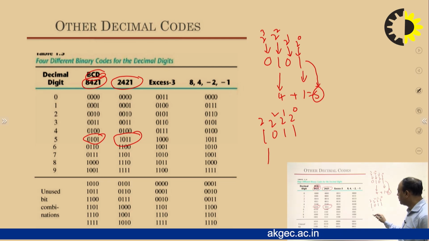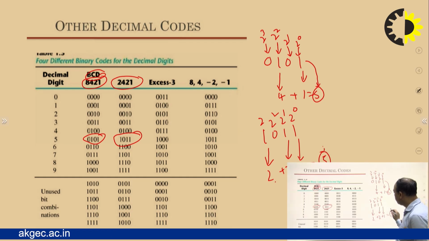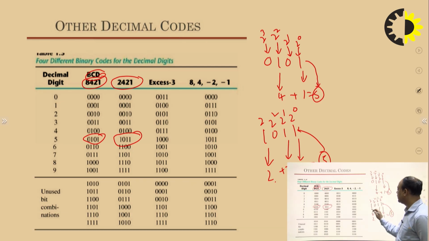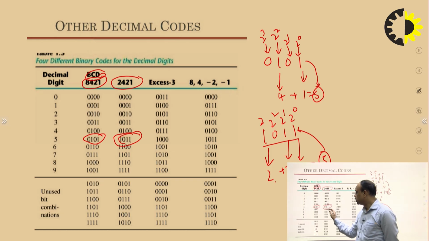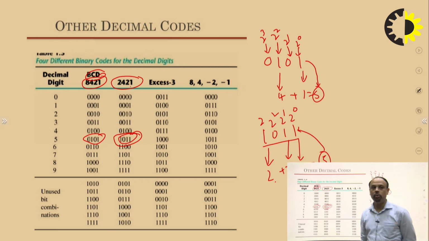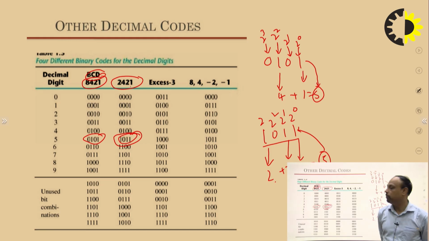So this is 2, this is 2, and this is 1. So this is equal to 2 plus 2 plus 1, that is 5. So we can represent 5 in 2421 code by the number 1011, as you can see over here. So in the 2421 code, the bit pattern is different from the 8421 due to the weight assigned to the number.